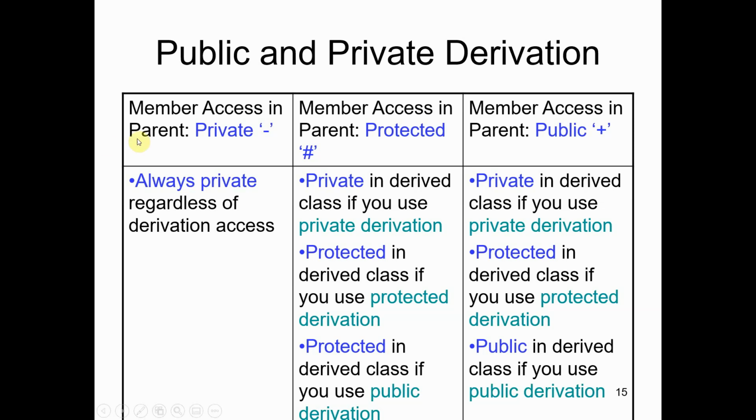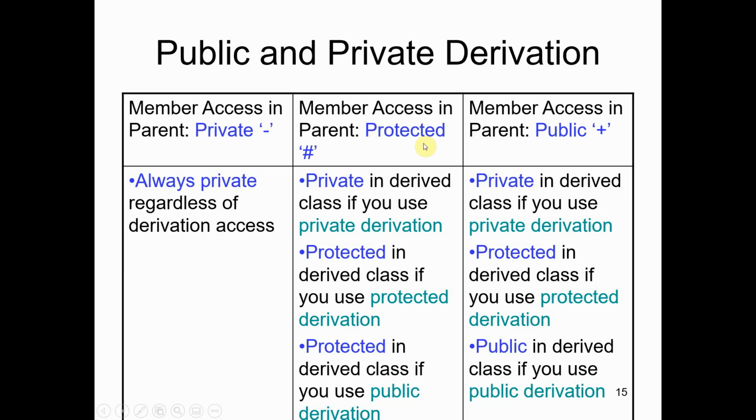For example, if a member in the parent class is declared as private, it will always be private, regardless of whether a subclass declares it again as public. It is still private because the base class declared it as private. For protected, we can use a similar strategy.